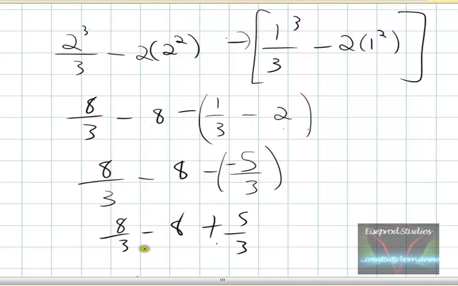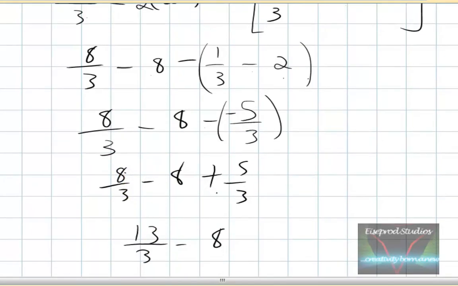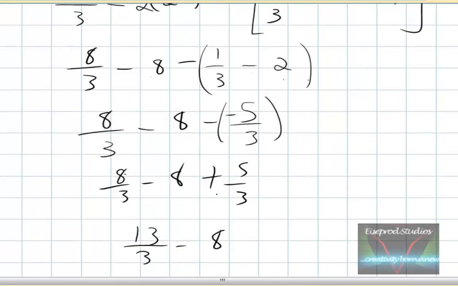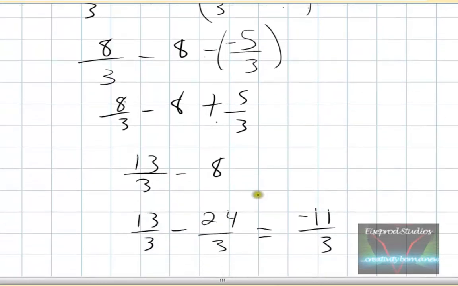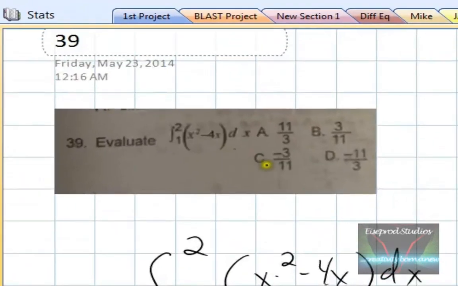And so then from there, you do 8/3 plus 5/3 is going to give you 13/3 minus 8, and I've converted the 8 into thirds. Remember, 24 divided by 3 is 8, so this works. And then you just subtract and you get negative 11/3. And so that's your answer.